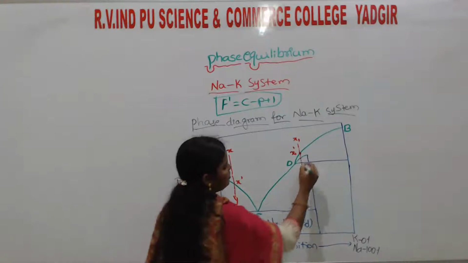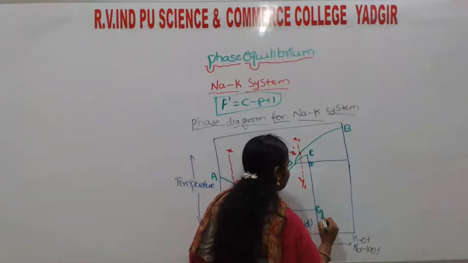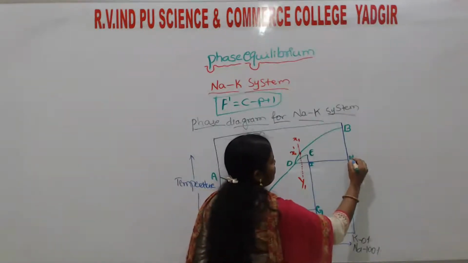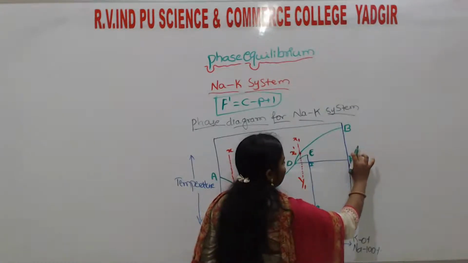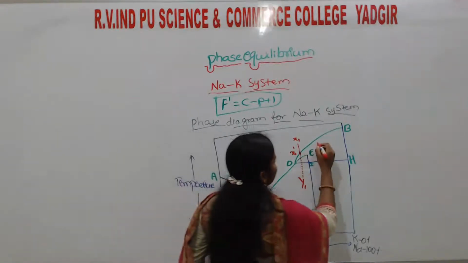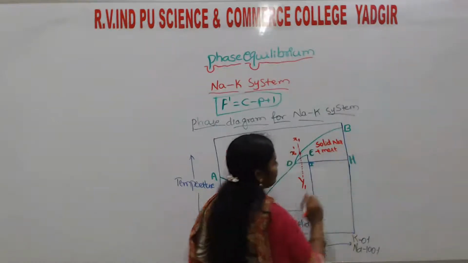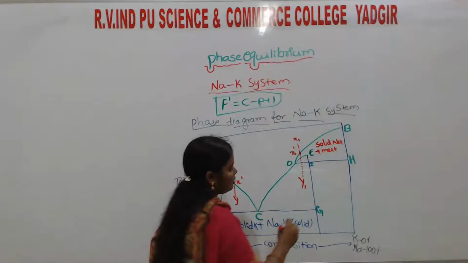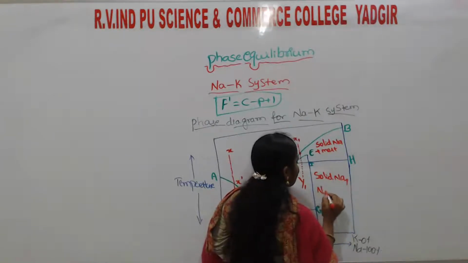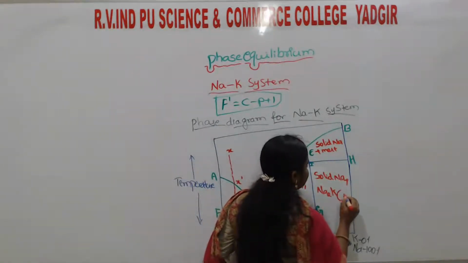Here, this is the E, this is I here, and this is G. This is H. Here present solid Na plus melt, and here present solid Na plus Na2K, Na2K is also a solid, and here is this solid.